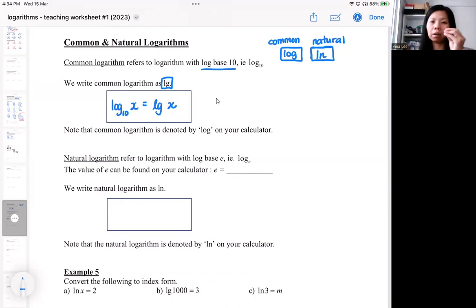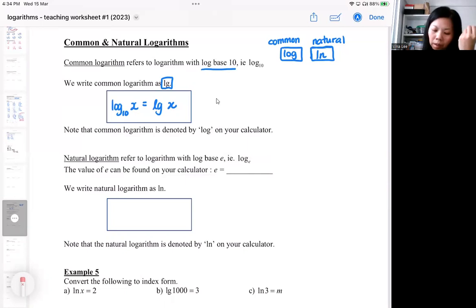It's a shortcut dedicated to base 10. All other logs, you need to write the number. If you don't see any number here, it's an invisible base 10. That is dedicated specially for base 10, and that is what we call the common log.